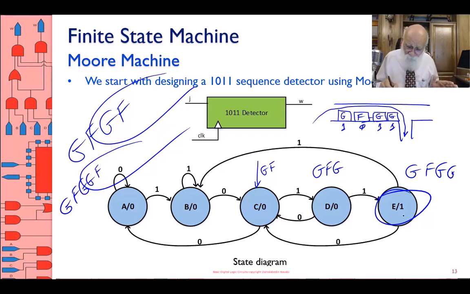And therefore from E, if you receive a 0, you go to state C. If you are in E, that means a 1, a 0, a 1, a 1 has been received, and you receive another 1, then you say, okay, that 1 may be the beginning of the next 1, 0, 1, 1, and therefore you go to state B, and then from then on you continue.